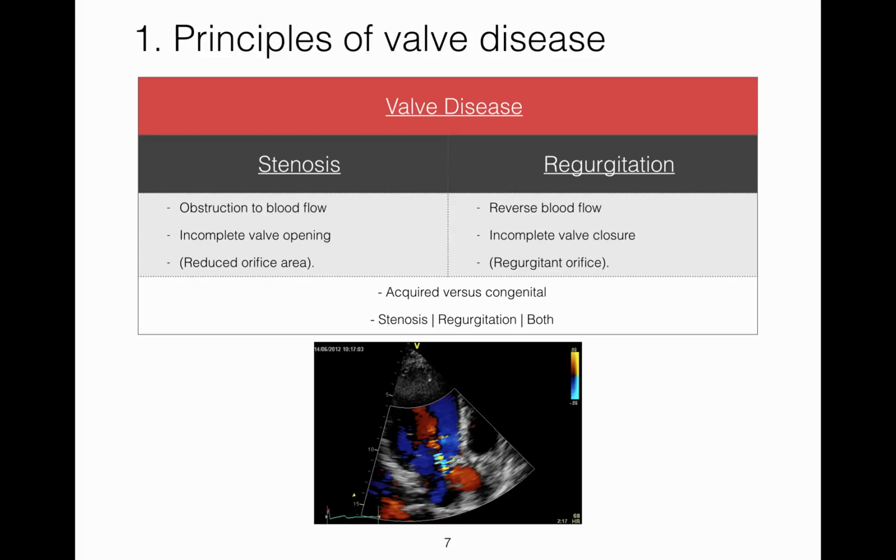Less often, congenital disease results in valvular dysfunction. Both acquired and congenital disease can cause stenosis, regurgitation, or both. And the image at the bottom of this slide shows an aortic valve with signs of both stenosis and regurgitation.